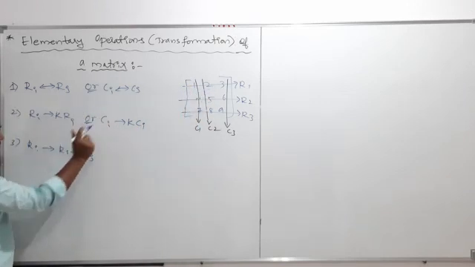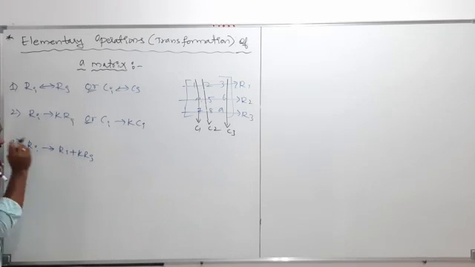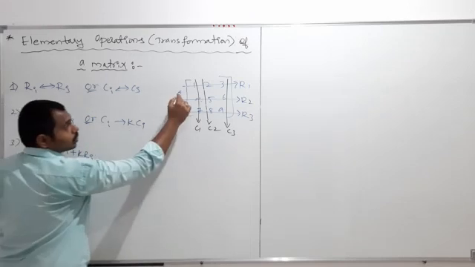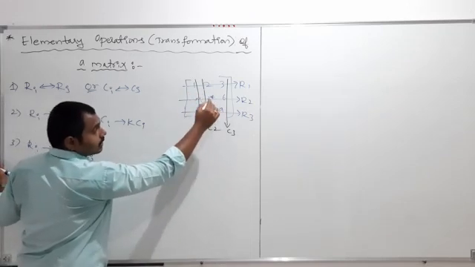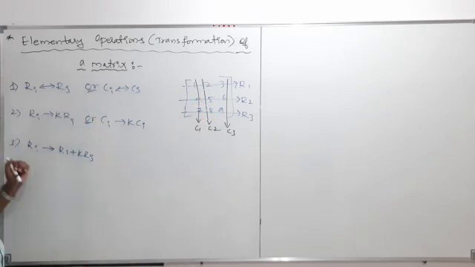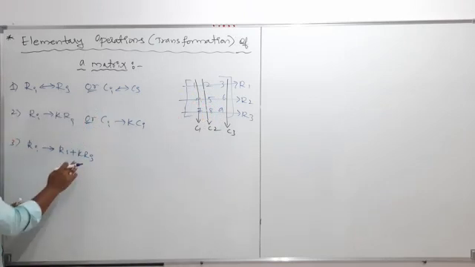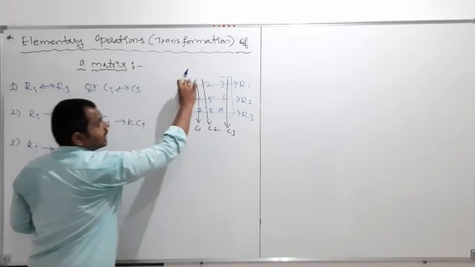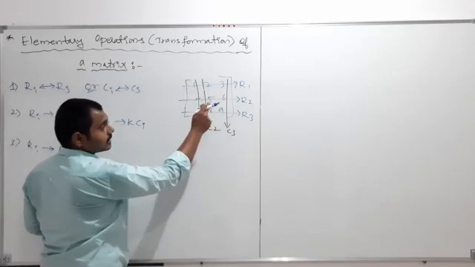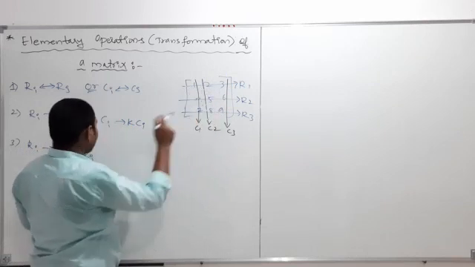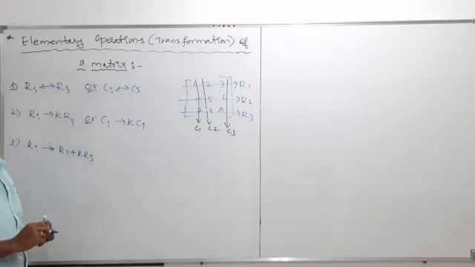Clear? So the addition here is that we can add corresponding elements of any rows, multiplying by a non-zero constant. It means, my dear students, to any row you can add the corresponding rows by multiplying with a constant.